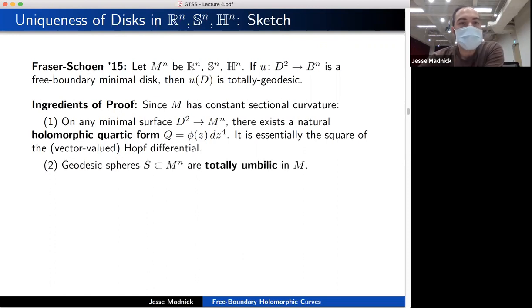Another interesting thing about constant sectional curvature spaces that maybe we take for granted is that geodesic spheres are totally umbilic, right?